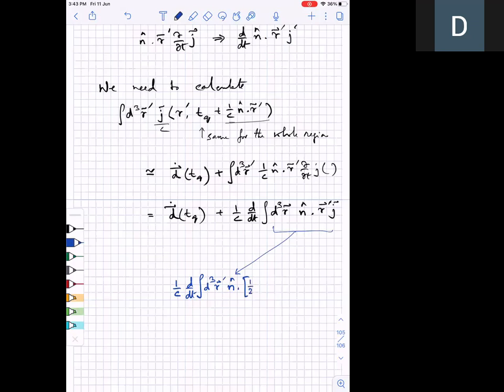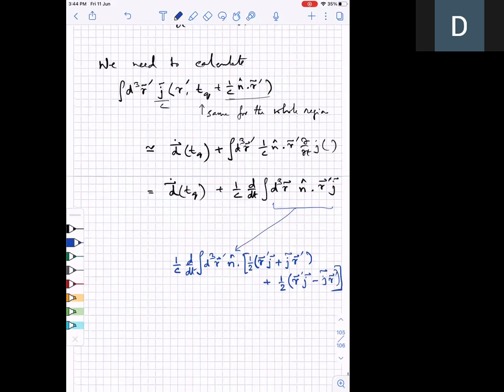So remember it was r prime j, two vectors. I'm going to write it as a sum and difference. So I'm going to write it as half of r prime j plus j r prime plus half of r prime j minus j r prime.